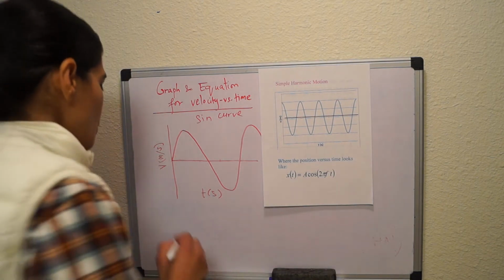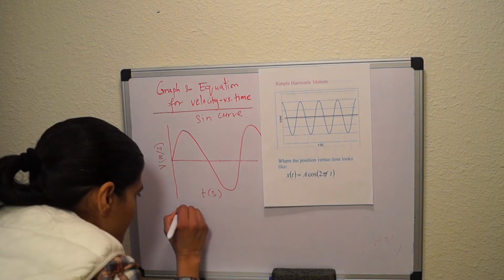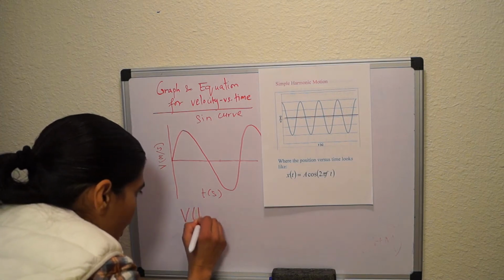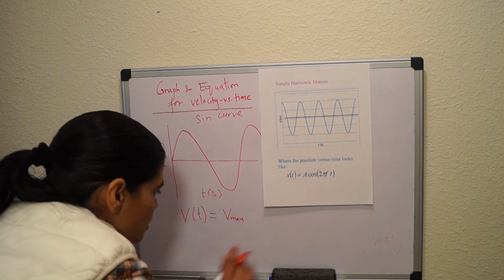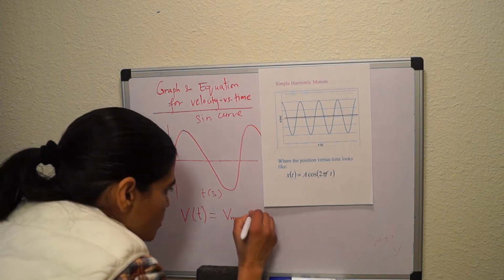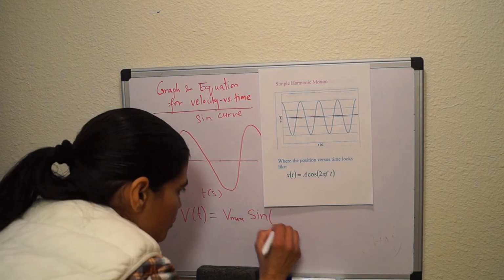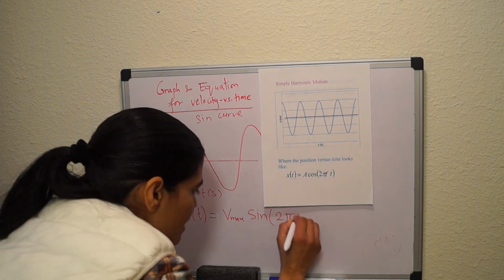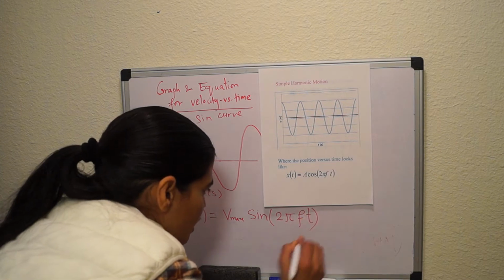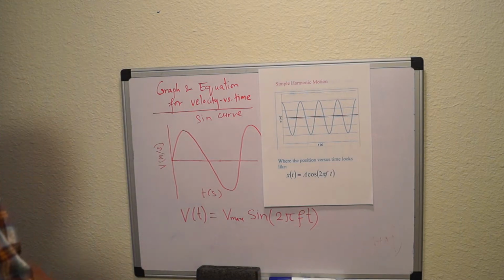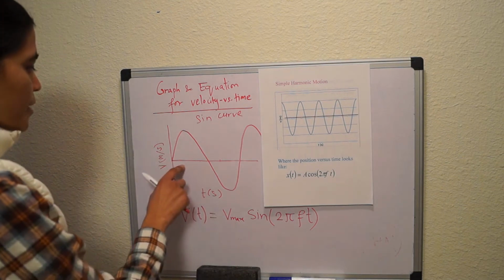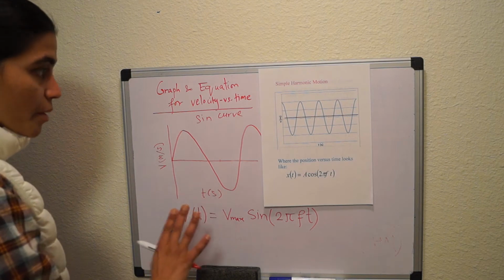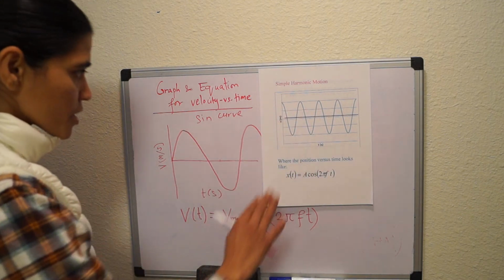So it turns out that v(t) can be written as v max sine of 2 pi f t. And this v max is again the amplitude of the velocity versus time curve, not the amplitude of the position versus time curve, right?